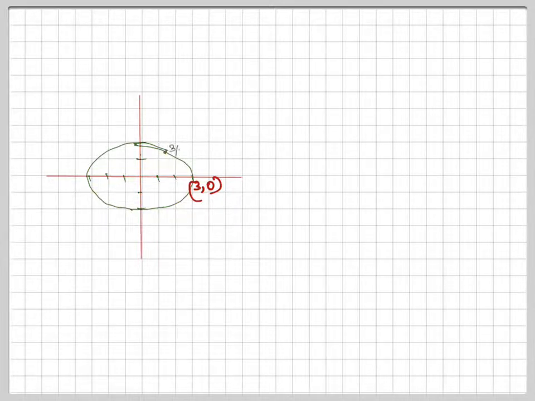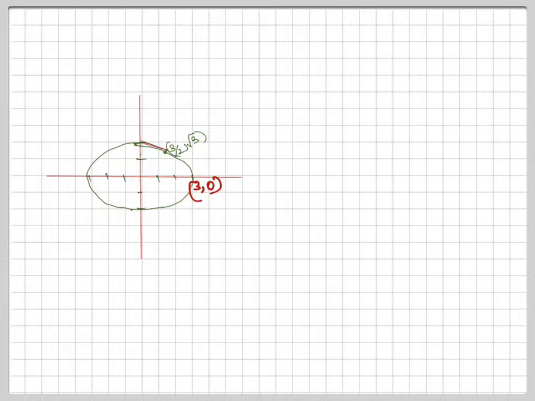The point 3 over 2, root 3 is the point at pi by 3. Starting from this point, we draw the velocity vector, which is tangent, and the acceleration vector.